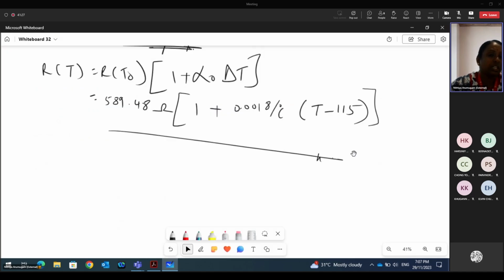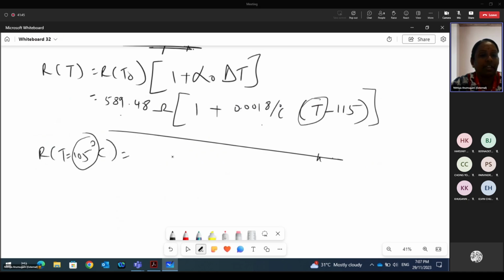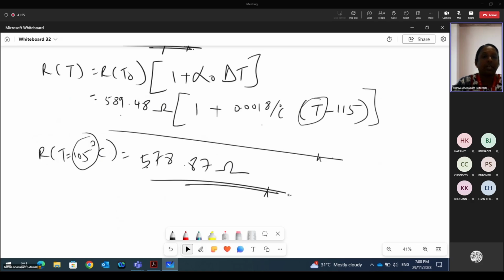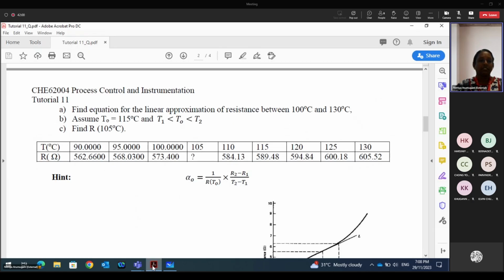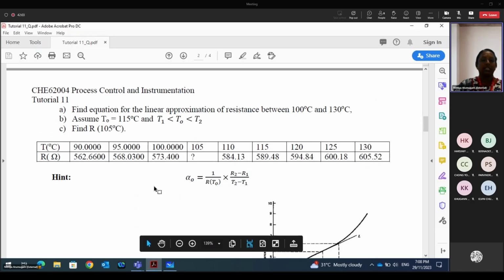Substituting in this equation, the resistance at a temperature of 105 degrees Celsius: we have this coefficient ready, this value we have, and the T is 105. Substituting here, we get the resistance as 578.87 ohm. This is what question number 8 is about.